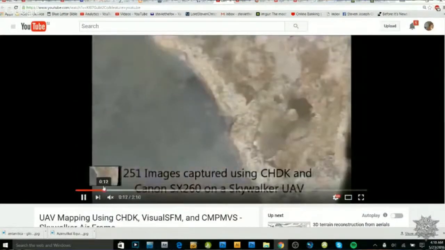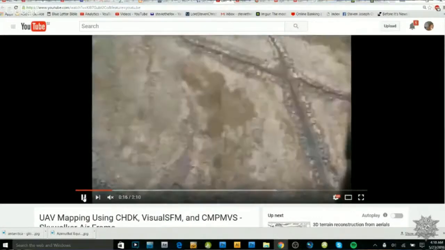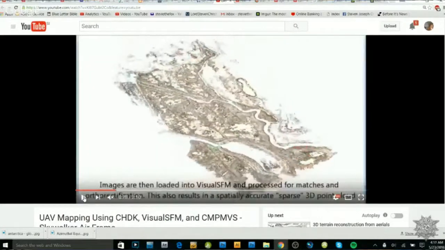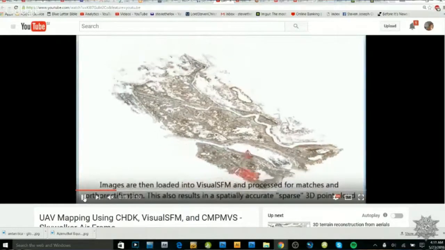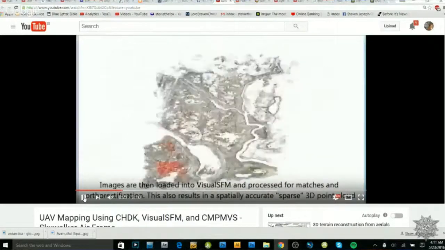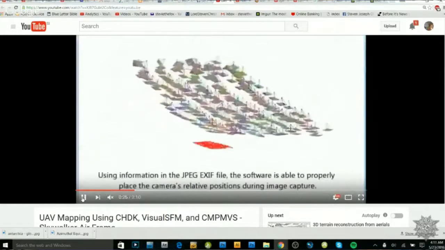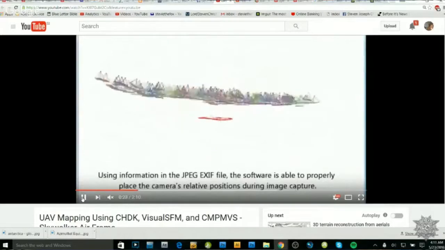Okay, so the drone takes pictures at a certain altitude. Every picture has radial distortion because of the lens. It makes a bulge in the center of it. So they use algorithms to remove the bulge. But even after that, there's still a concavity of the whole terrain.